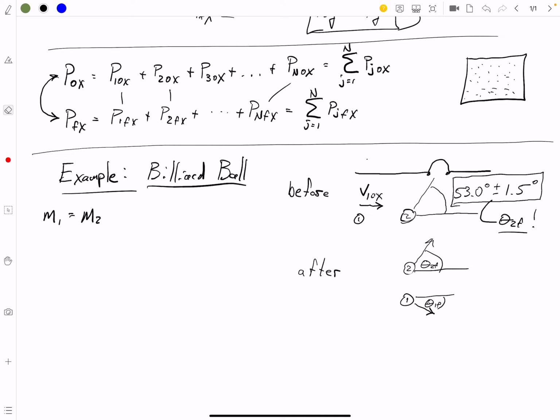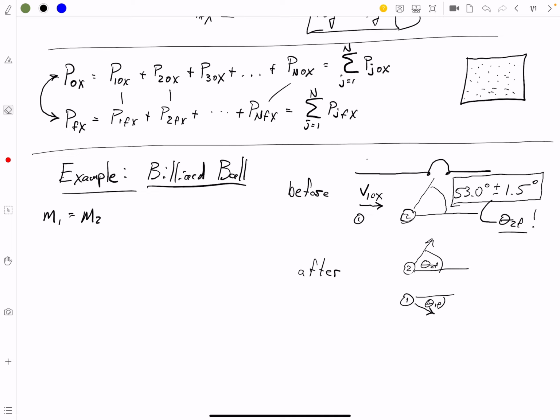But listen, guys, I can tell you right now, the test has M1 not equal to M2. So you're going to want to study it, maybe do the same thing, but change the size of the balls. Okay, change the masses of the balls. Size not necessarily, but the balls' masses for sure. Okay, what else do we know?